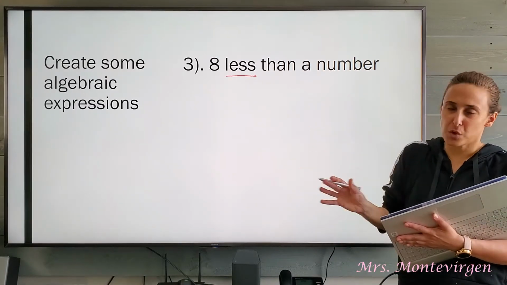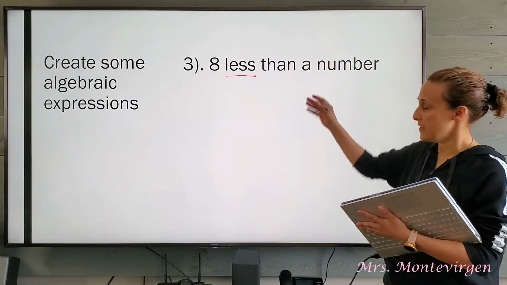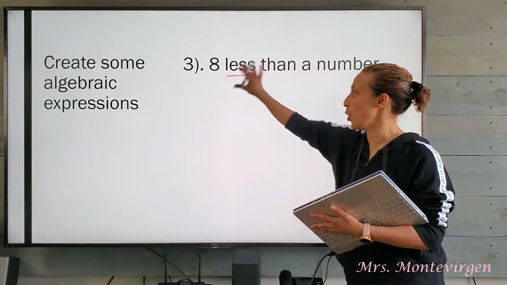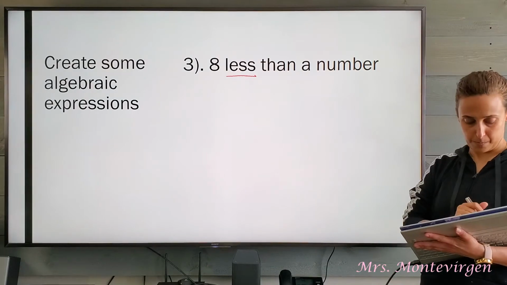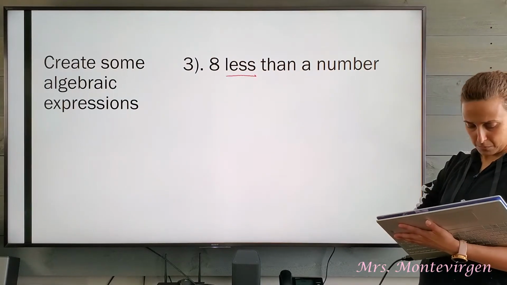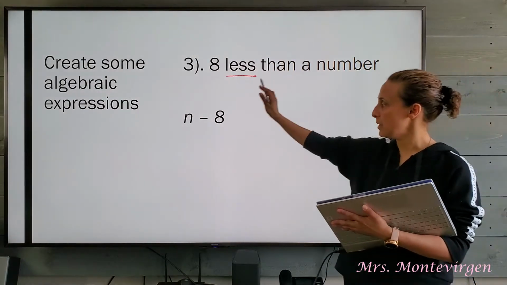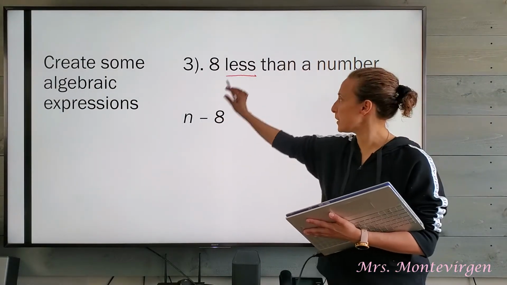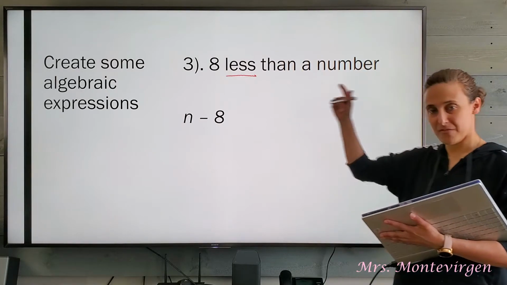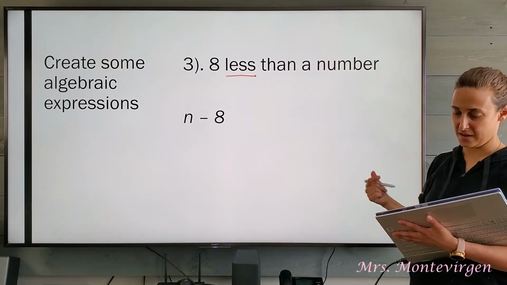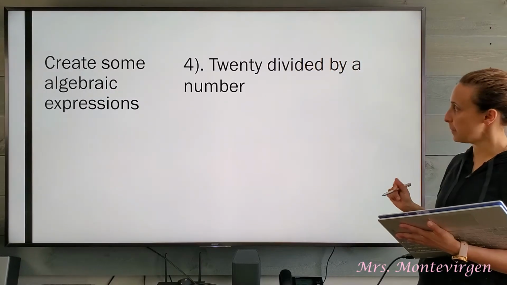But with subtraction, you don't have that flexibility, because if you write it wrong, then it doesn't go along with what we have up here. So here is the answer. 8 less than a number, so that number is my variable, and 8 less, I have that subtraction at the end. Let's go on to another example.